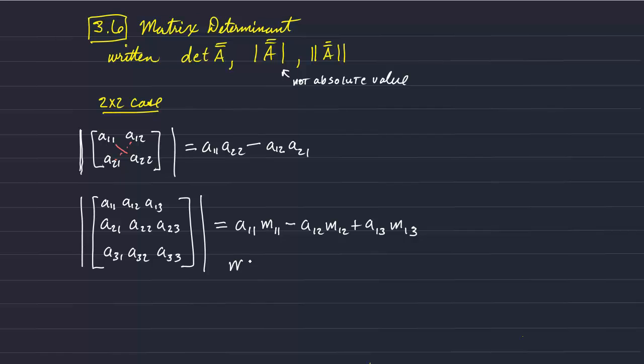M1j, for example, is the determinant of the n minus 1 by n minus 1 submatrix when the first row and the jth column are removed.